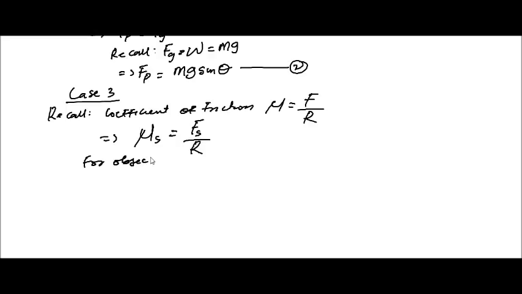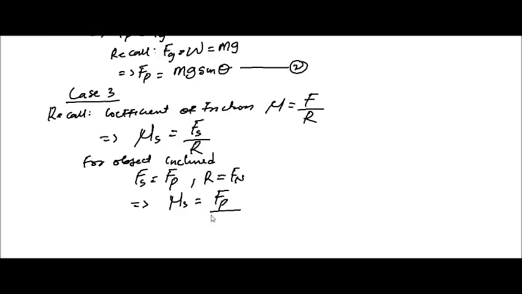For an object inclined, force of static friction is the same thing as force that is parallel to the plane, and normal reaction is the same thing as force normal to the plane. So coefficient of static friction is equal to F subscript p over F subscript n.